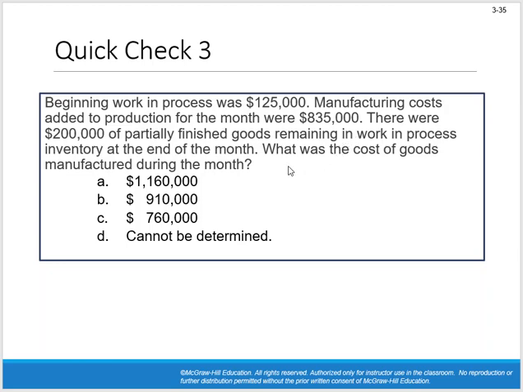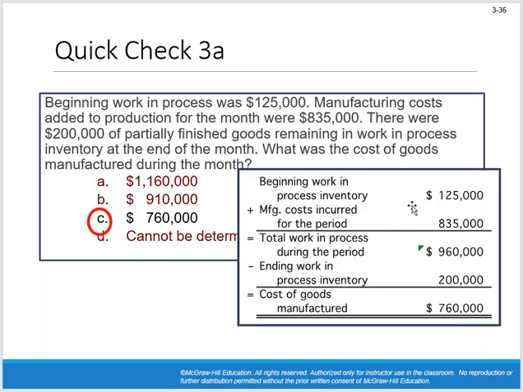So for me, if I'm thinking it's going to be 75,000 different than 835,000, and the balance goes up during the month, which means that we finished less than 835,000. I'm going to take 835,000 minus 75,000, and I get 760,000.